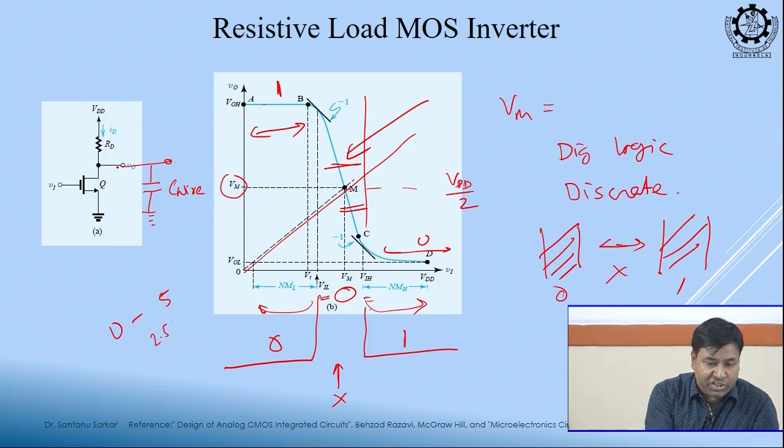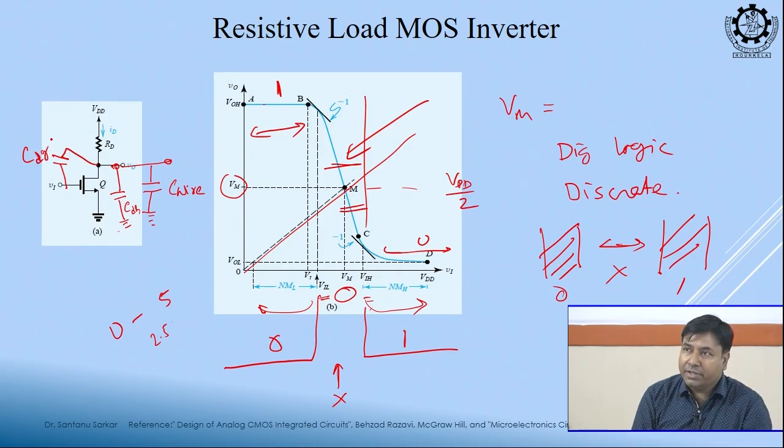So, this drain to body capacitance can be there, drain junction to bulk junction, and drain junction to gate junction, another capacitance may be there. Okay. So, all of these capacitances will come in parallel and make a load capacitance, clear.